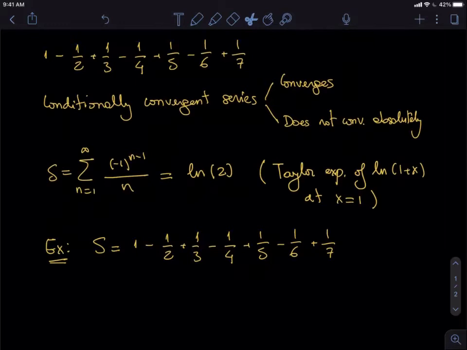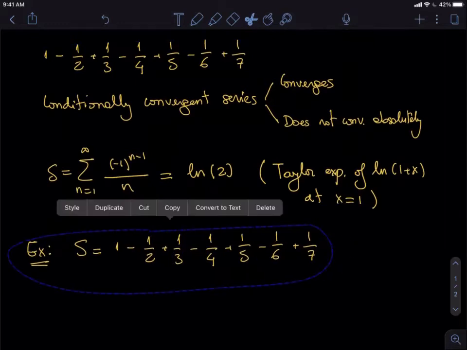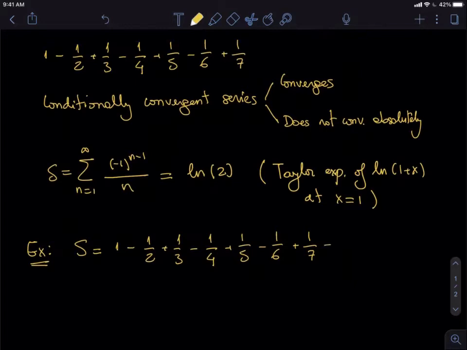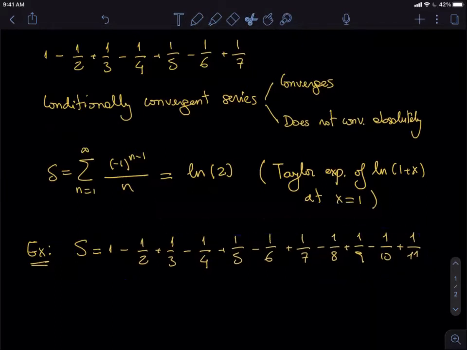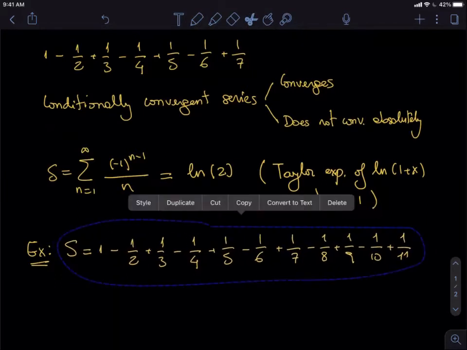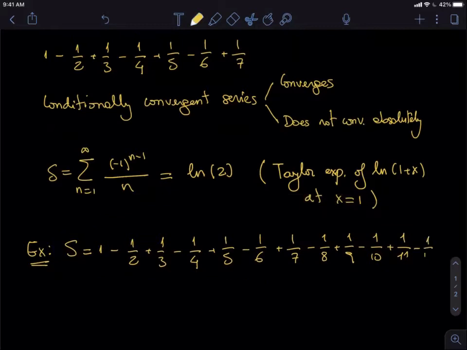Actually, I think we are going to need a few more if we are going to see what I want to show. So let's write a few more: -1/8, plus 1/9, -1/10, plus 1/11. Let's write one more: -1/12, and so on.